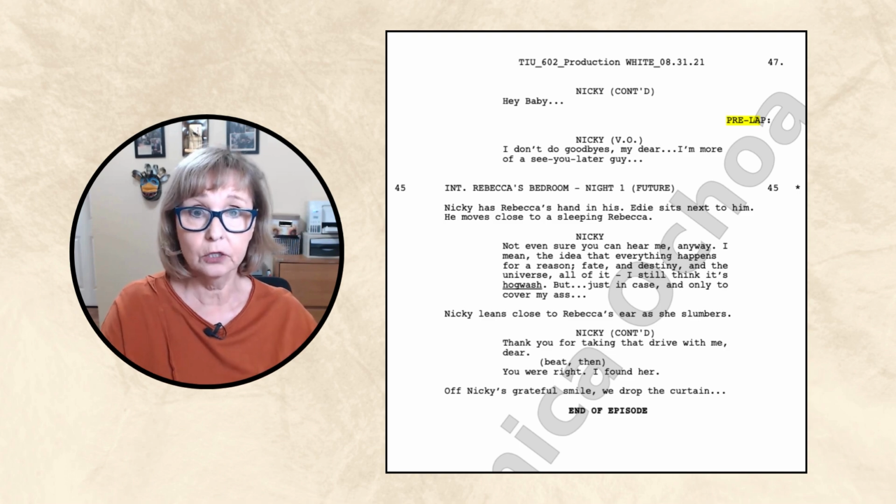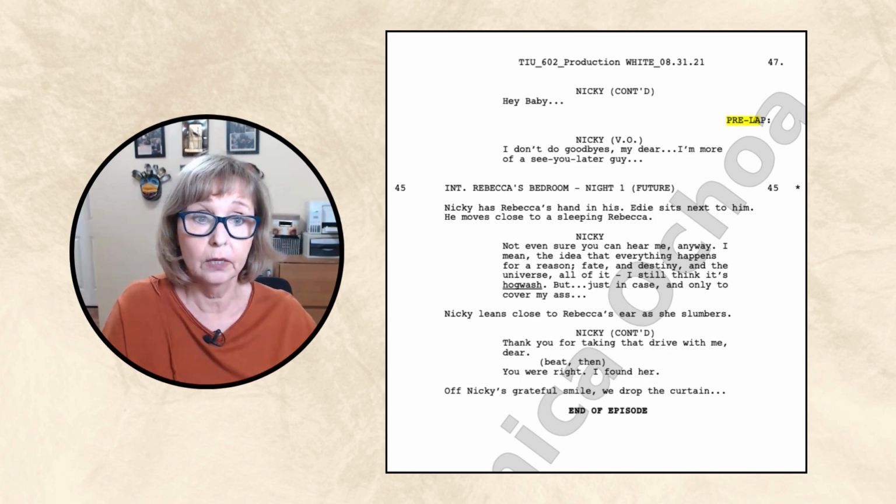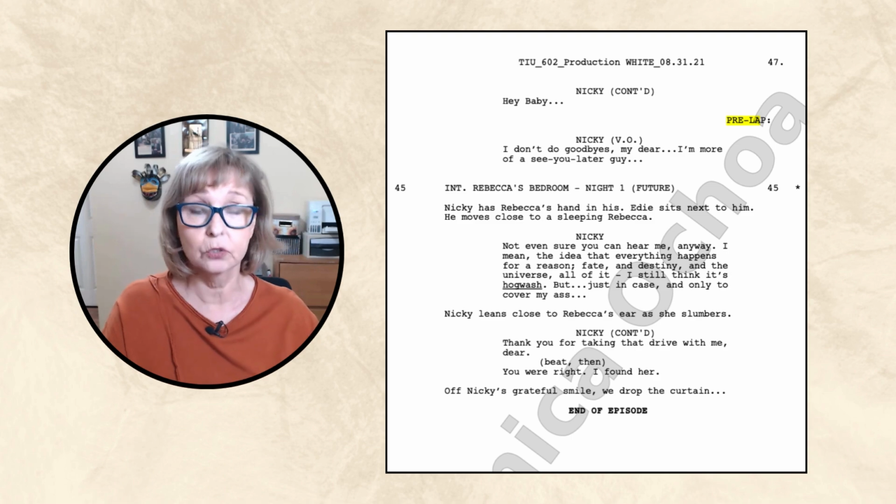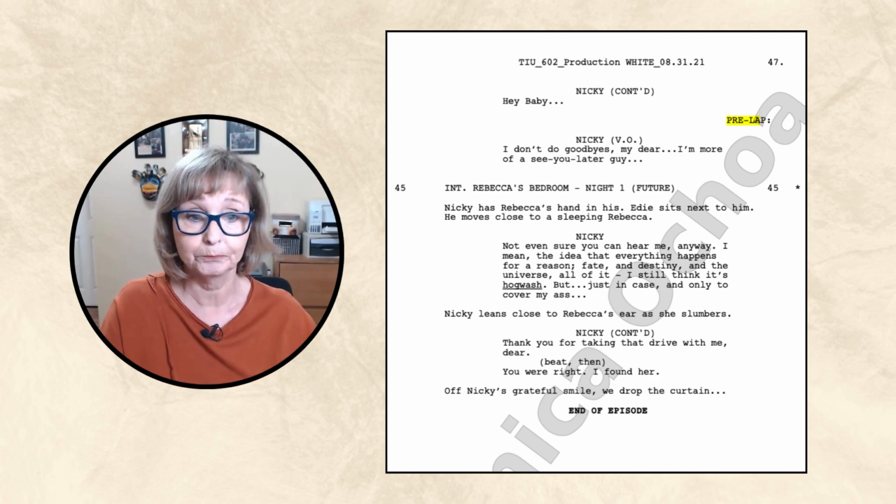When you get those sides and you see, wait a minute, there's a voiceover here, there's an off-screen line here that's not listed in the sides, let the actors and the director know that there's a pre-lap here that we have to get when we're shooting this. All right. So it's real important.